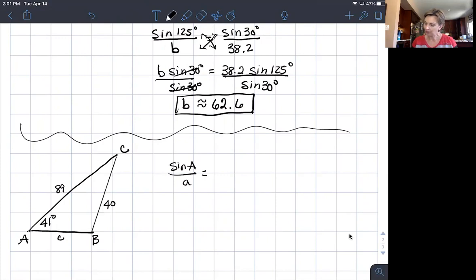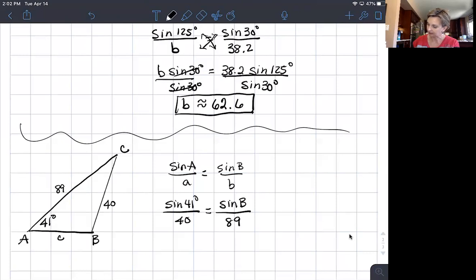We're going to use angle A and side A, and then we know side B but we don't know angle B. So we're going to use B and B as the other side of our equation. Angle A is 41 degrees, side A is 40, angle B we do not know, but that's what we can solve for, given that side B is 89.